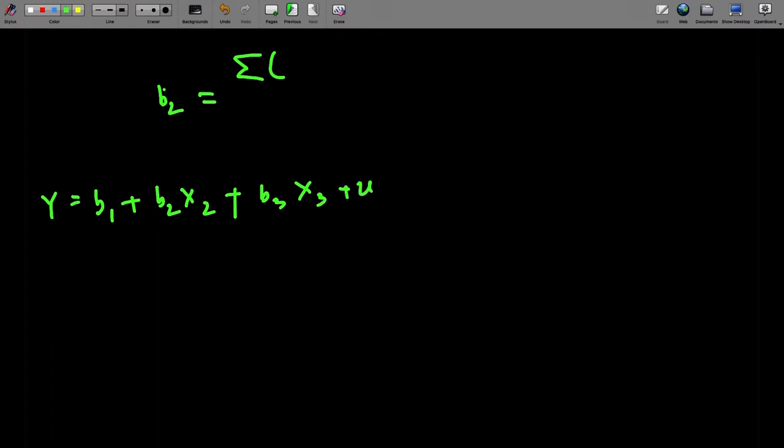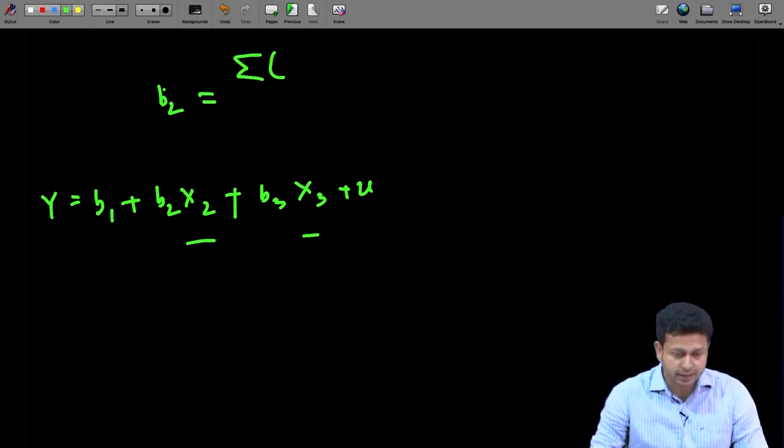Now, if I write the value of the beta coefficient in terms of x2 and x3, it will be like this. You get this value by solving with the same least squares method.